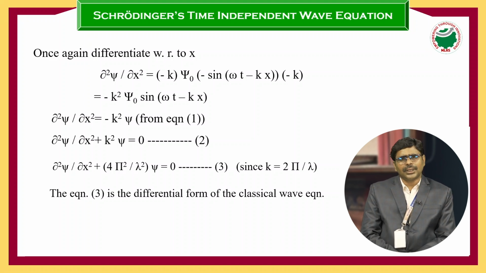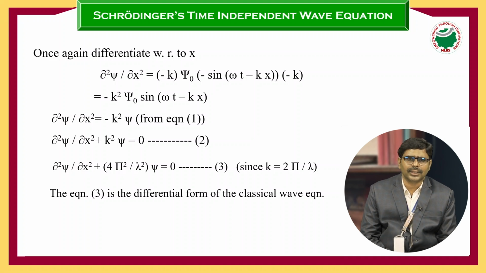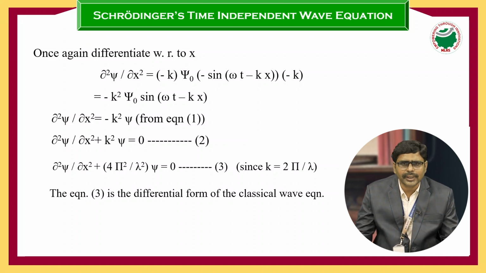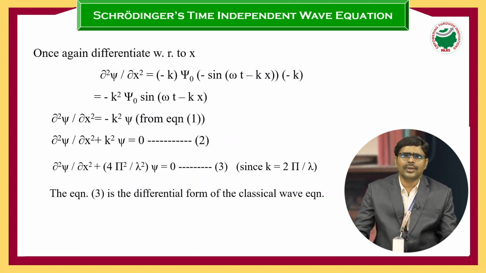Then it may be represented with the Laplacian operator, that is del squared ξ plus 8π²m/h² times (E − V) ξ is equal to 0. One more thing you can write like this: del squared ξ plus 2m/ħ² times (E − V) ξ is equal to 0. This is the Schrodinger's time independent wave equation for the particle in three dimensions.